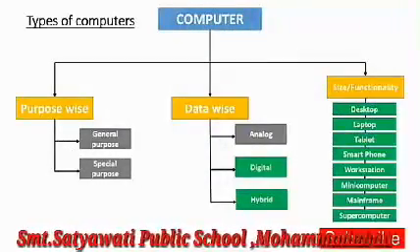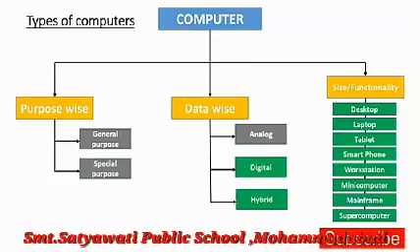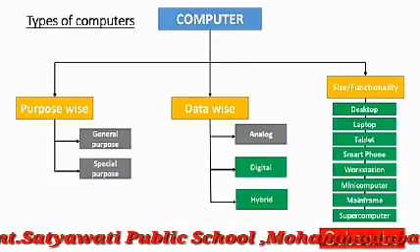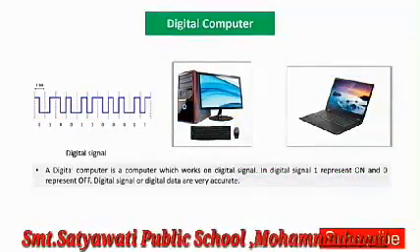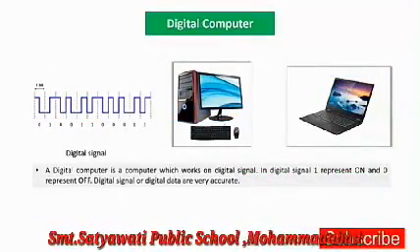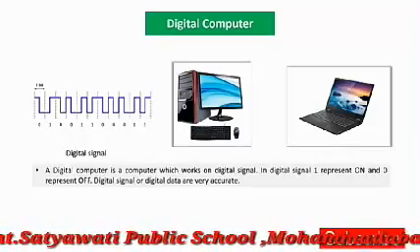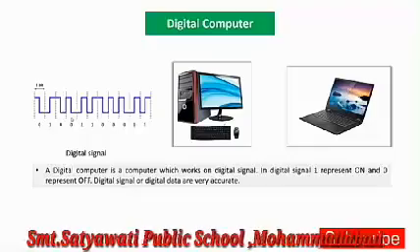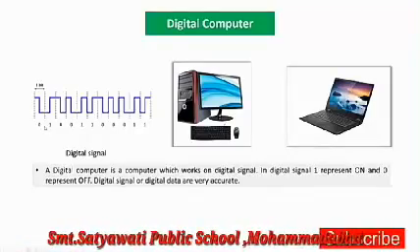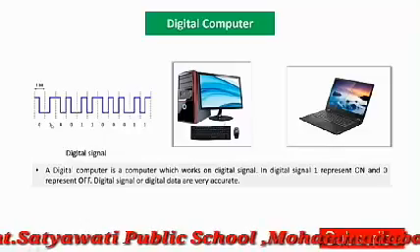The next we are going to move to is the digital computer. So basically a general purpose computer that we spoke about is normally a digital computer. Any computer, your desktop, your laptop that we normally use, all those computers are digital computers. And a digital computer basically has signals where there is a 0 and 1. So 0 represents off and 1 represents on.